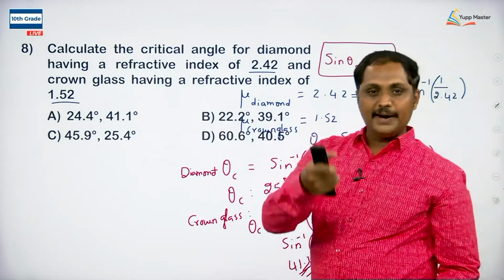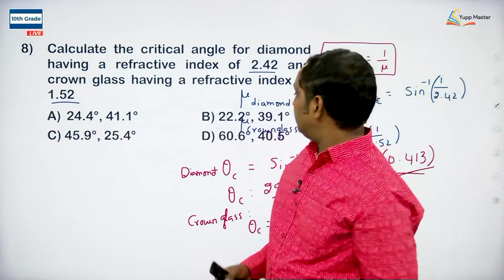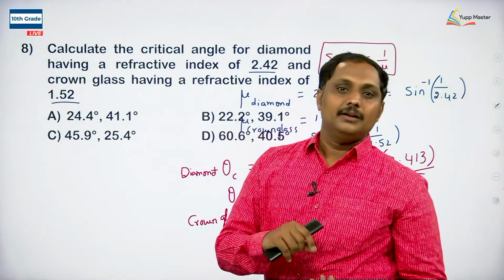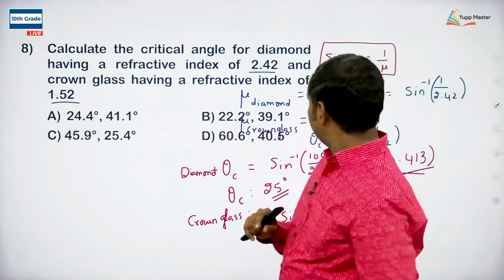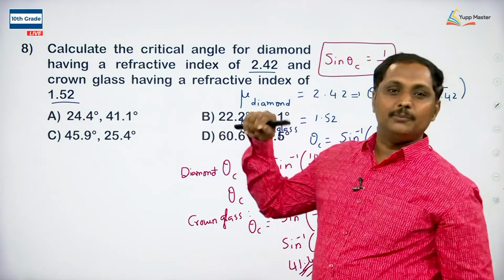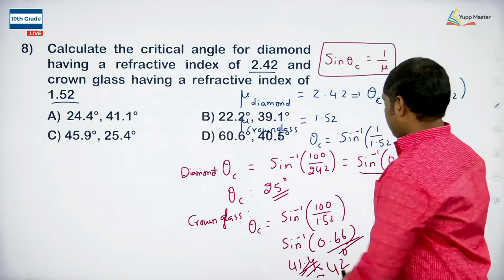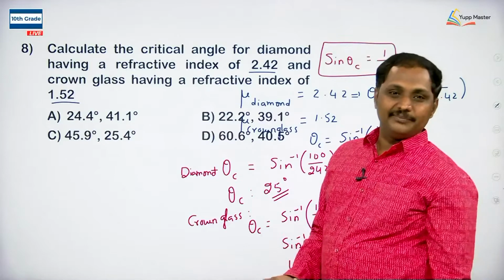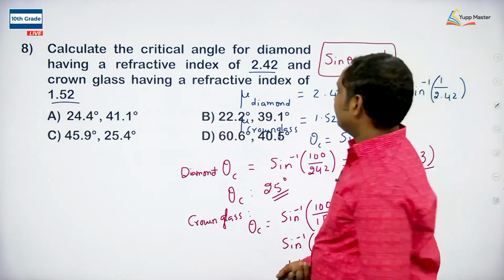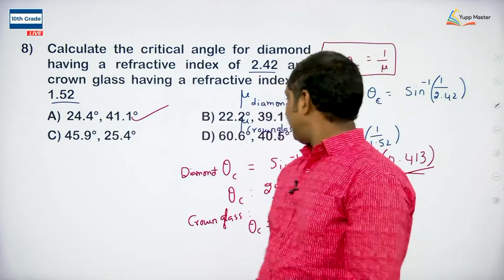Just keep this in mind, it is very useful. That gives a quick response in entrance examinations and other problems also. Here you get 0.66, it is more than 0.5, right? It is going to be nearby 40. So from the given options you can estimate that. Yeah, this is the correct answer. It is very clear, right?